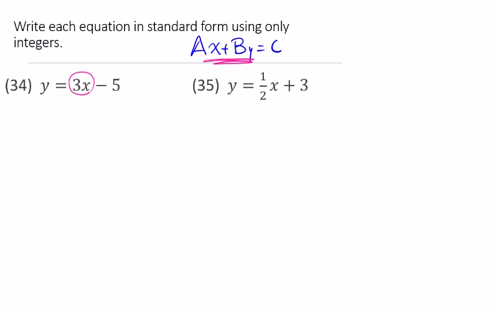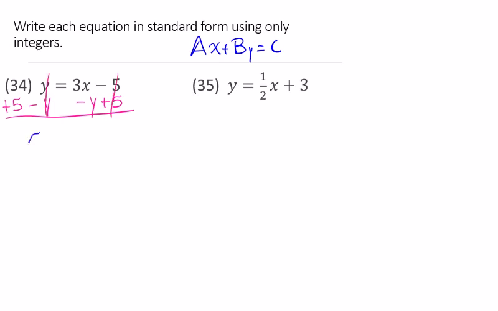So what I want to do is get the y over to the same side as the x, right? And then I want my number that doesn't have a variable, my constant, to be on the other side. So I'm going to add 5 to both sides. So the 5 goes away, the y goes away there.